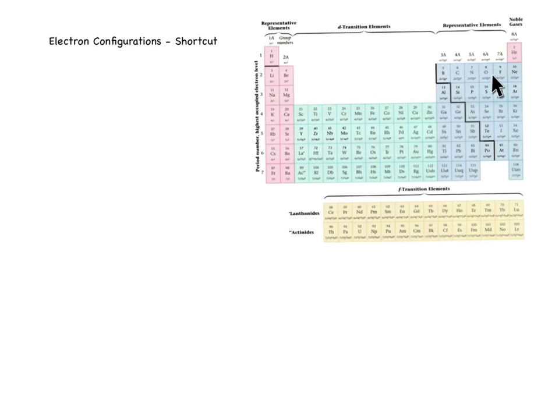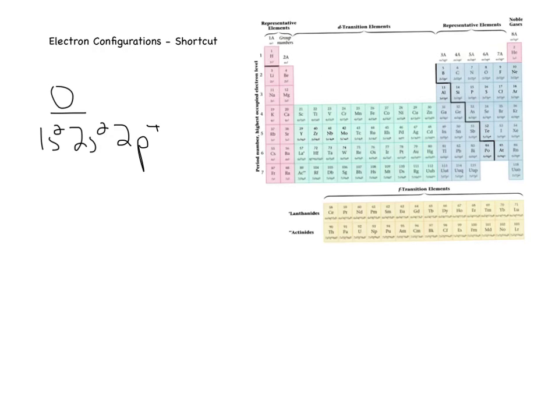If I'm writing out the electron configuration for oxygen, it is 1s2, 2s2, and then 2p, 1, 2, 3, 4, so 2p4.